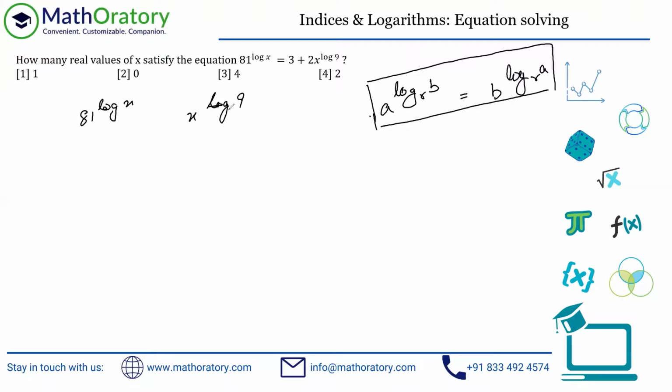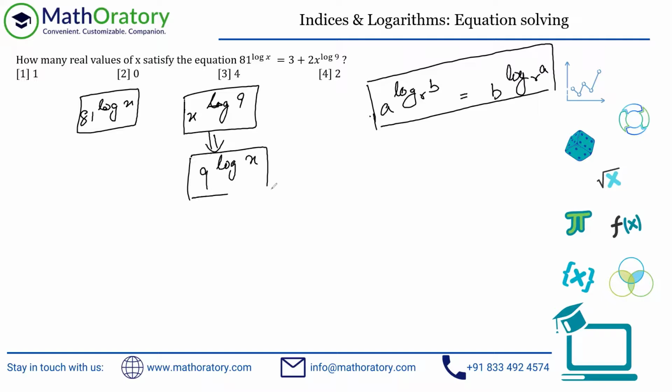The thing is, I can represent both of these in terms of 9 raised to log x, because using this property, I can directly indicate this as 9 raised to log of x, right? So this is equal. And this thing, this is 9 square, isn't it?